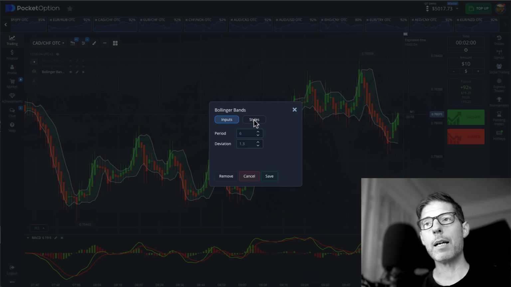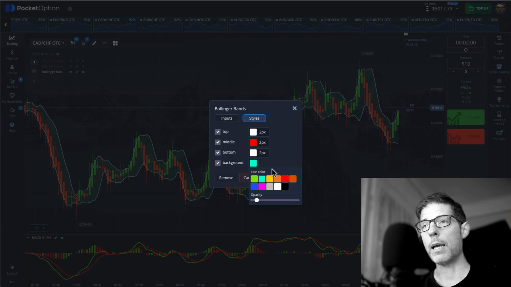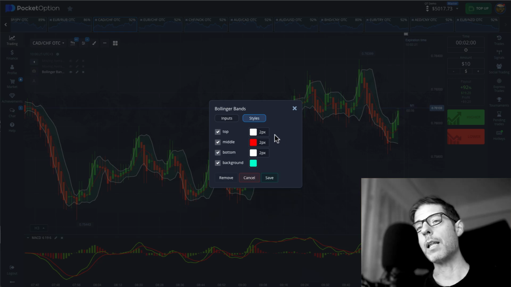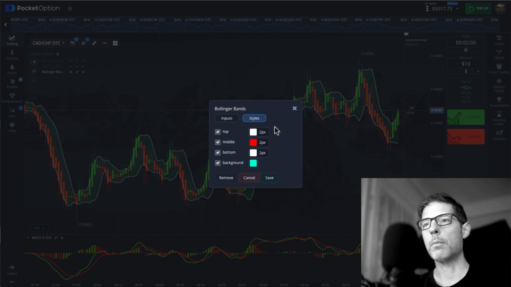For the styles, to match the original strategy, I've set white for the top, red for the middle, white for the bottom, and a turquoise-looking color for the background. The line thickness for all of these is 2 pixels, just so you can see things a little better.